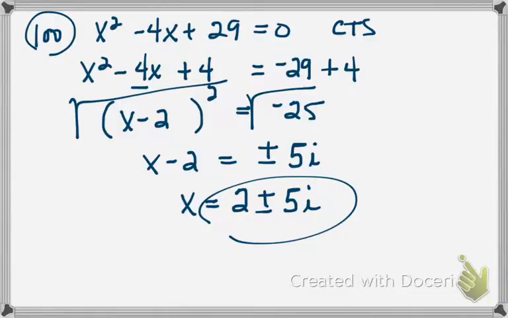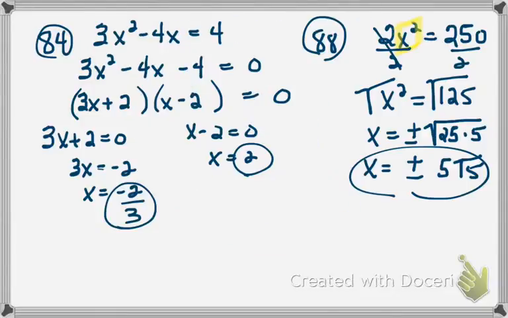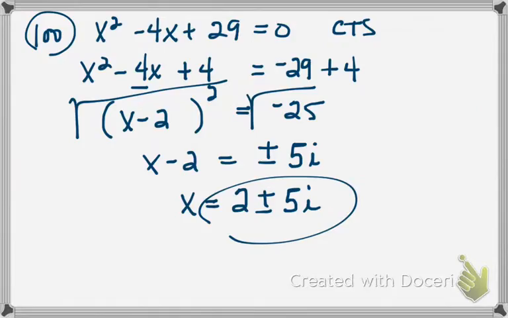All right, so I have showed you an example of 84. What did I do in 84? I factored. In 88, I did the square root property. In 100, I did complete the square. Okay, I'm not going to do another one, but if I did another one, what would it be? Quadratic formula.